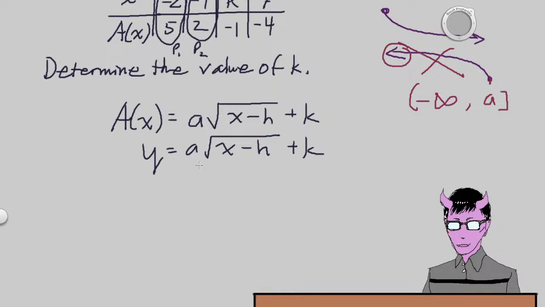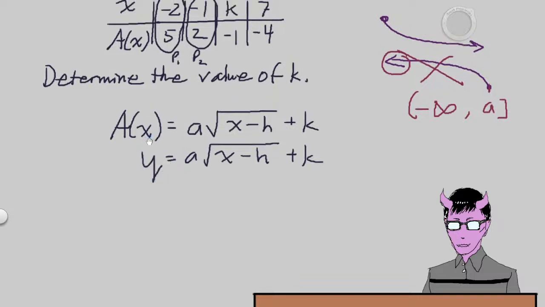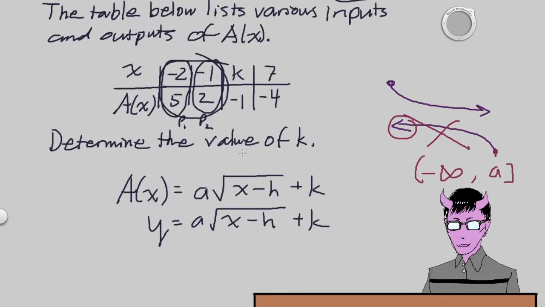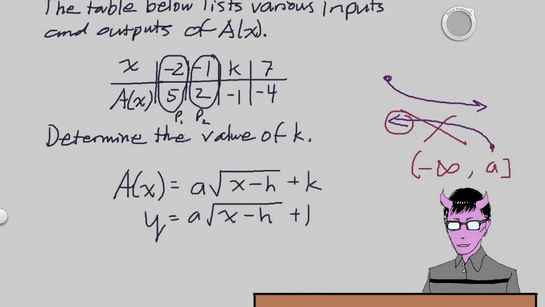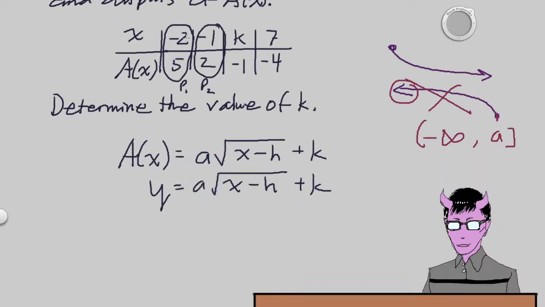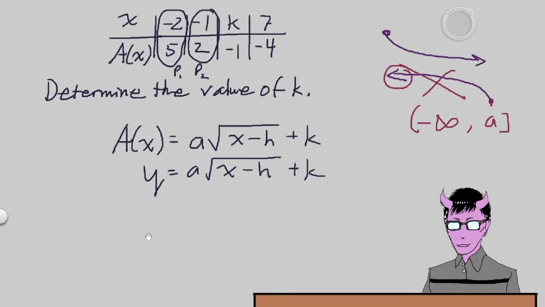There are 5 unknowns, but 2 of those unknowns are variables, and those are provided from this data table right there. Okay. So if we consider that, if the x value is -2, then the y value is +5. So let's see what that turns up.